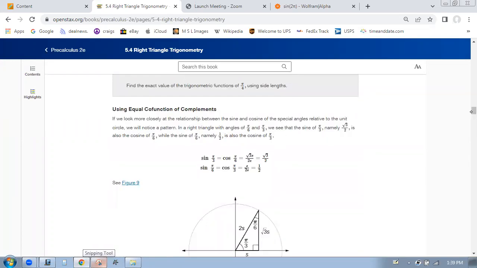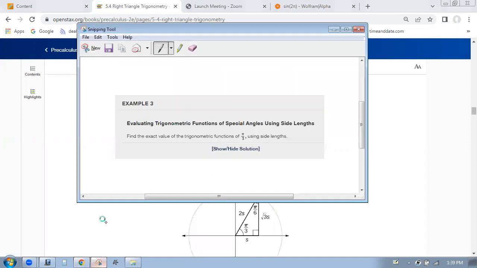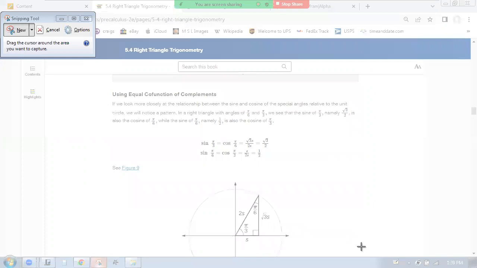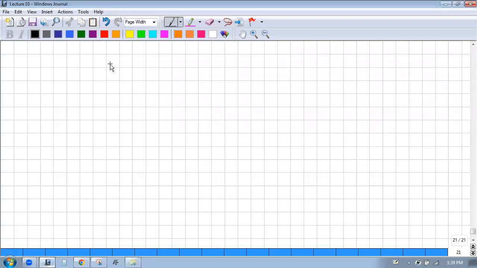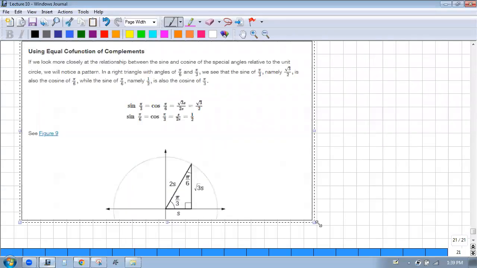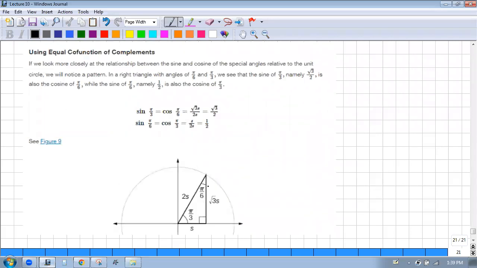Here's what I told you earlier about the cofunctions and their complements. So now they're going to bounce back to this. I'm not sure why they have this triangle here. Basically, this is pi over 3, that's pi over 6, right? If this is 60 degrees, this is 90 minus 60, which is 30 degrees.